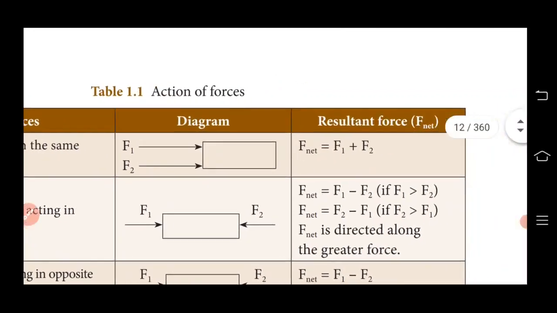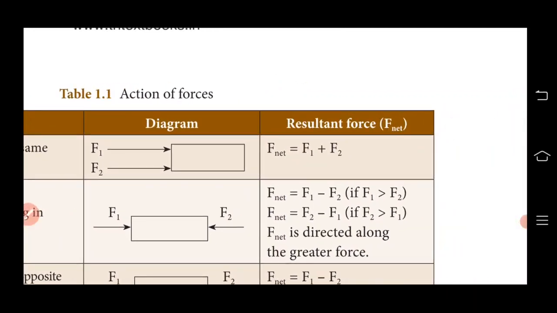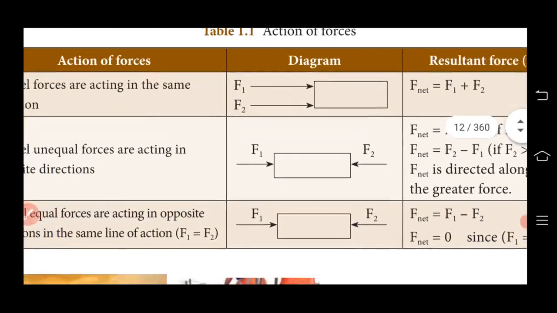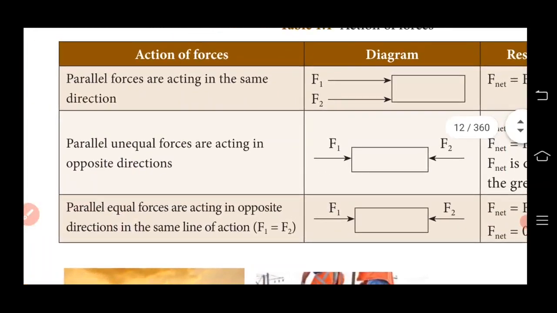Here we calculate the resultant force, F net, nothing but net force, equal to F1 plus F2. If we add the two forces F1 and F2, we get the net force acting on the block.